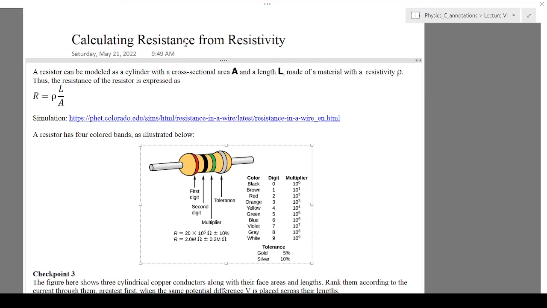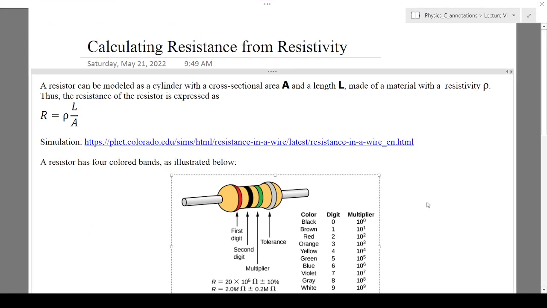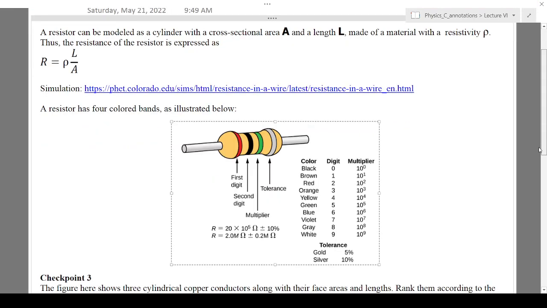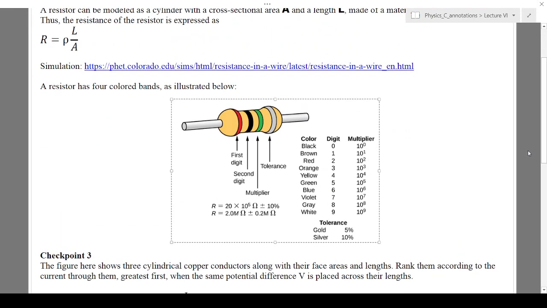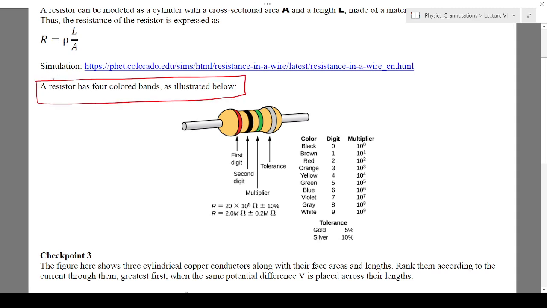I can show you a picture from LibreTexts. For any kind of resistor, if you want to know its resistance, remember that you have four bands with different colors on this resistor, and every single band represents something.